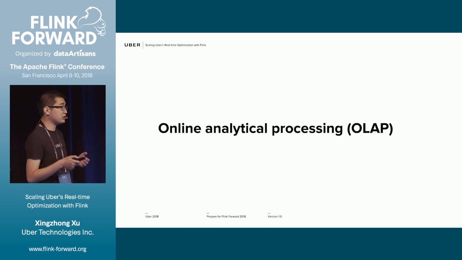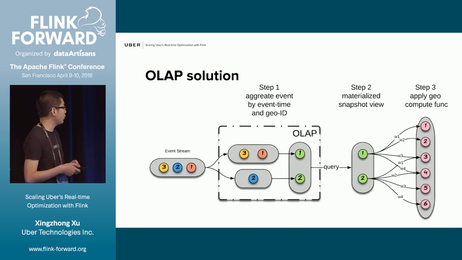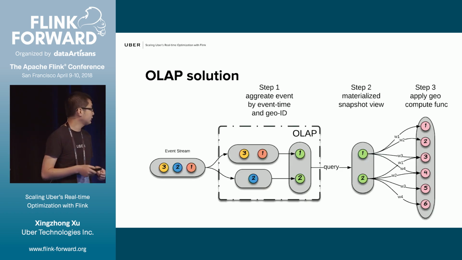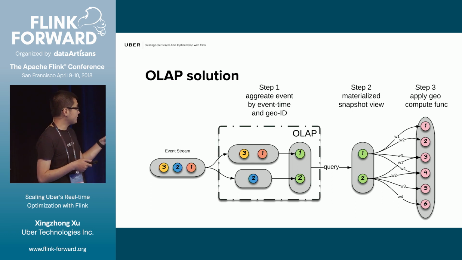The initial solution we tried, and some of the applications are still using, is OLAP-based systems. The solution is very straightforward. I just wrote a very simple diagram here, and I guess most companies are still using OLAP. We have a bunch of events coming in, forming event streams that just keep going.